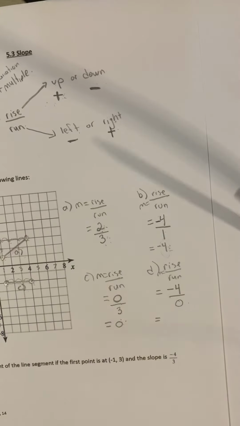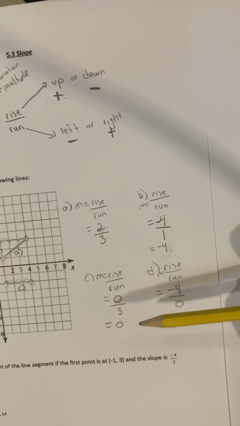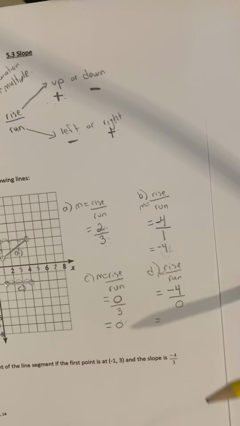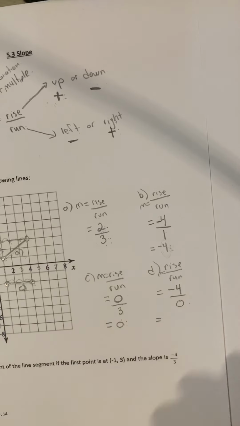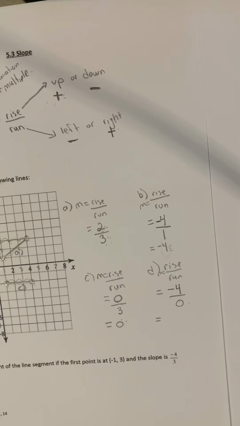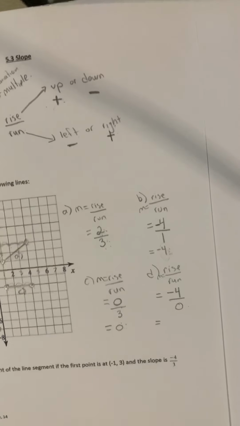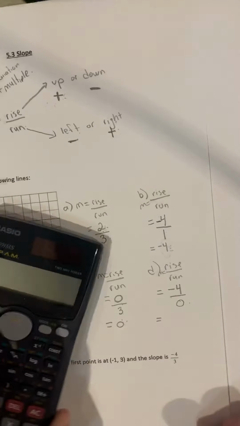Okay, so in the previous question, 0 divided by 3 was 0. Now I want everyone to punch into your calculator: what is negative 4 divided by 0? I'm just going to give you a quick second or two to plug that into your calculator. So you're probably getting some funny things.